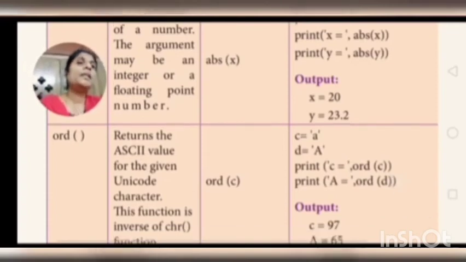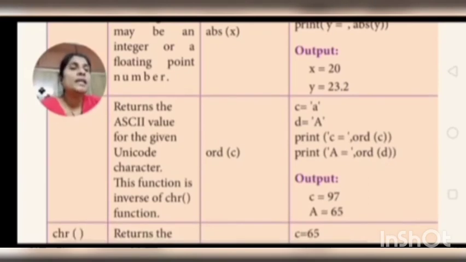For example, we take two variables, c equal to lowercase a and d equal to capital A. When we pass these two to this ord function, it will return 97 and 65. 97 is the ASCII value of lowercase a and 65 is the ASCII value of uppercase A.